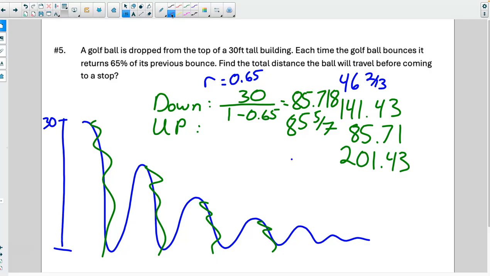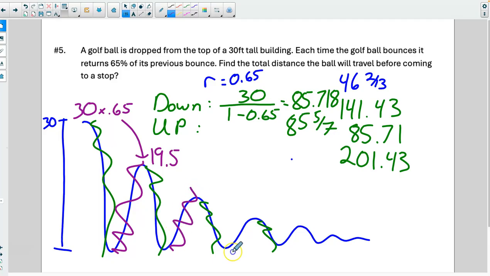So I did the downs, but we need to do the ups. So I need to know what the up starts at. So this is at 30. To find this next height, I go times 0.65, and that gives me that height right there. And when I do that, it's 19.5. So when I'm looking at the up portion, that's this, I do another calculation to infinity.